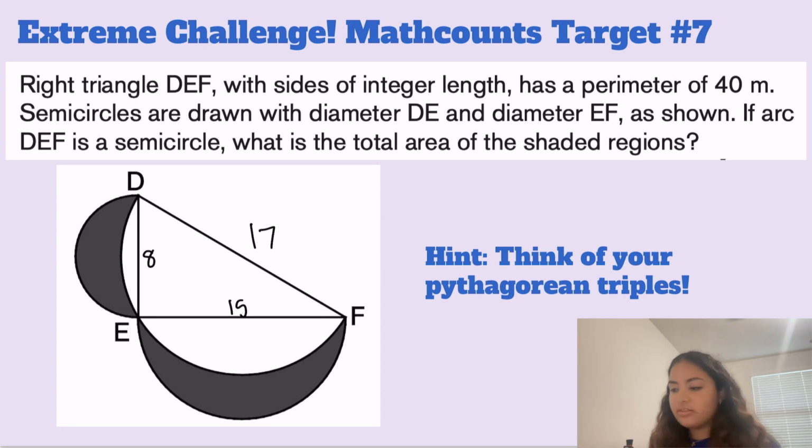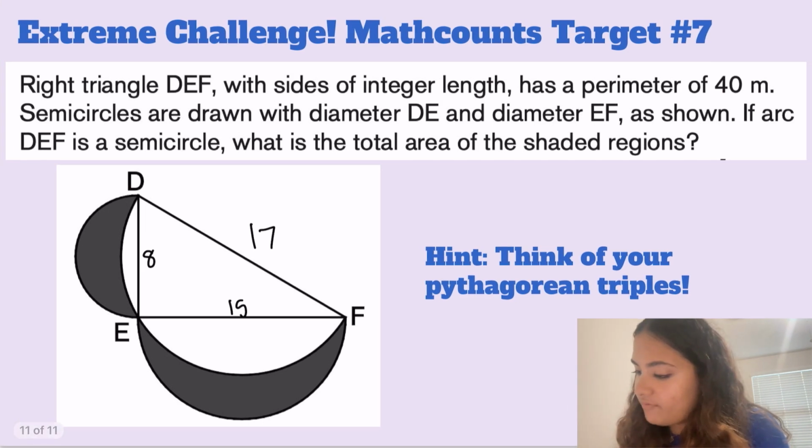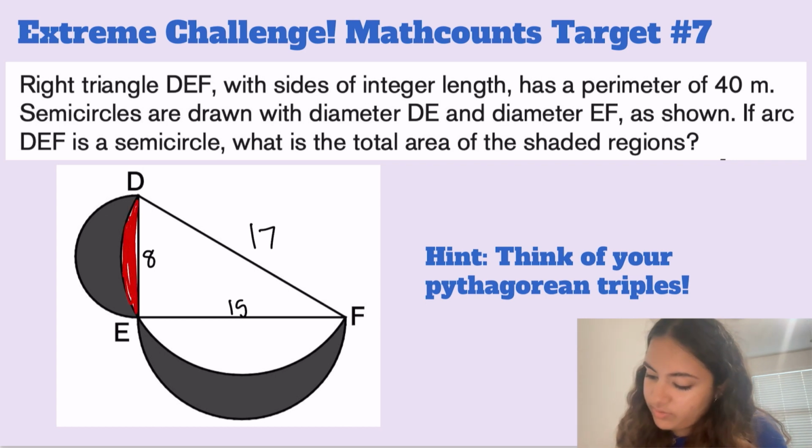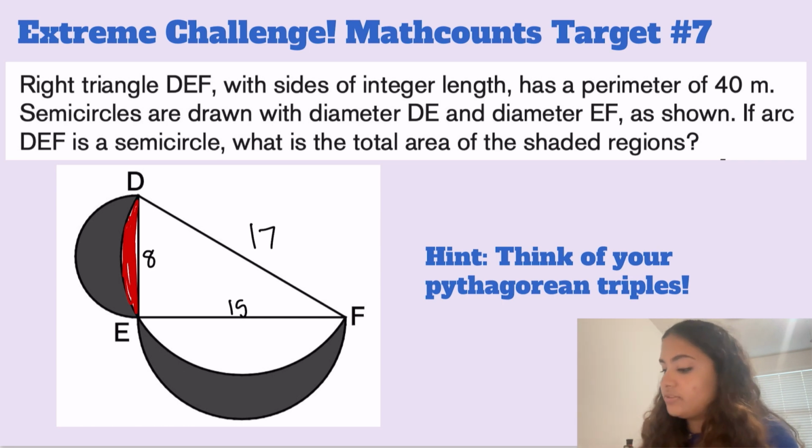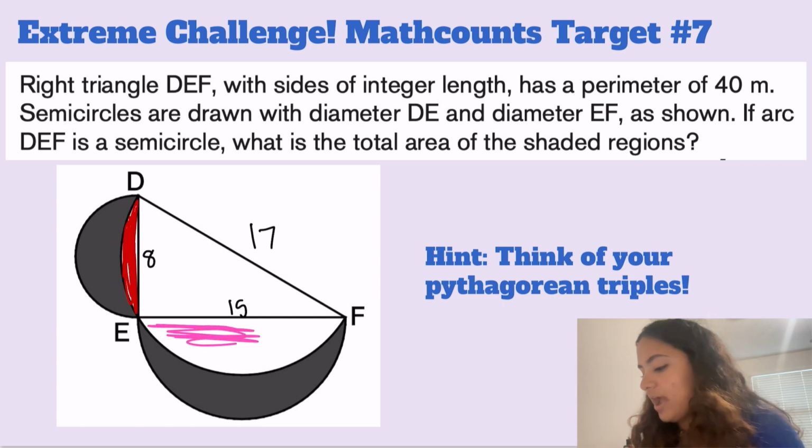So they want us to find the total area of the shaded regions, which are parts of the semicircle. So what that means is we want to find the area of semicircle DE, but we want to subtract this region, and we want to find the area of semicircle EF, but subtract this region.